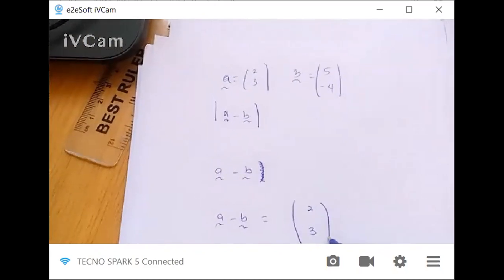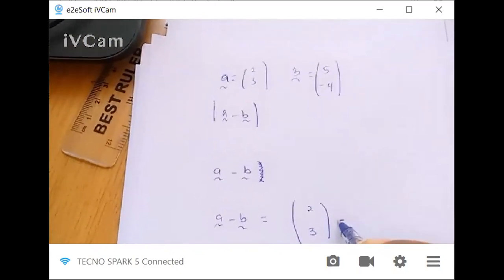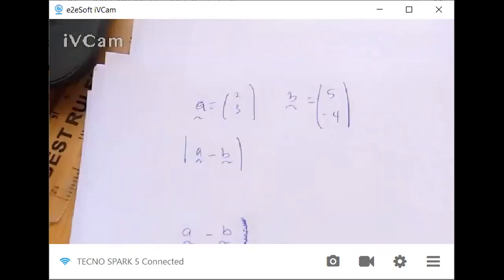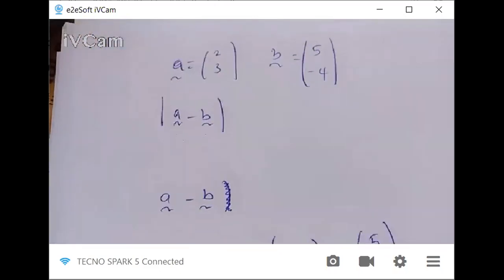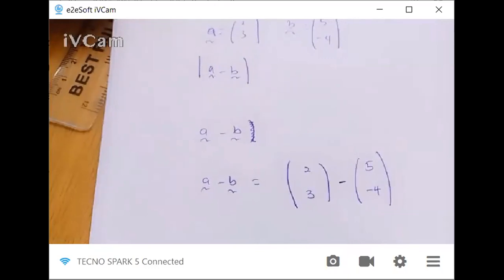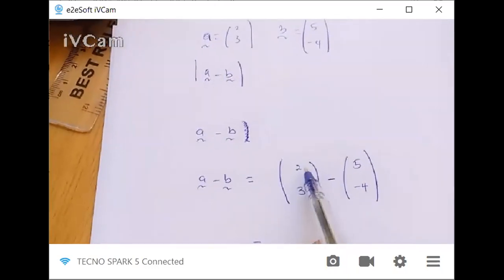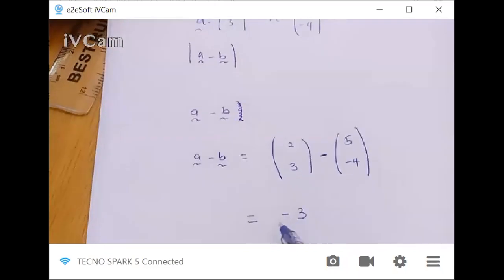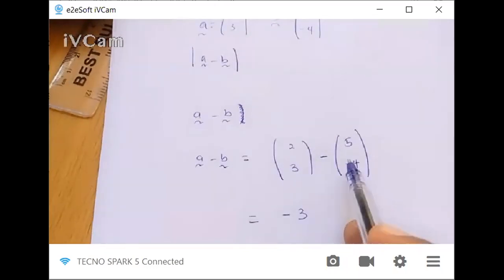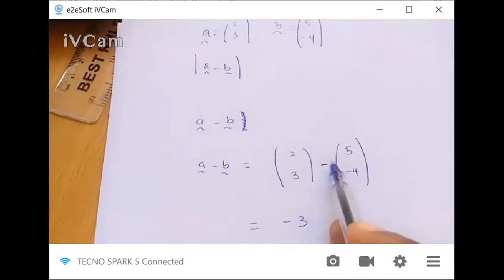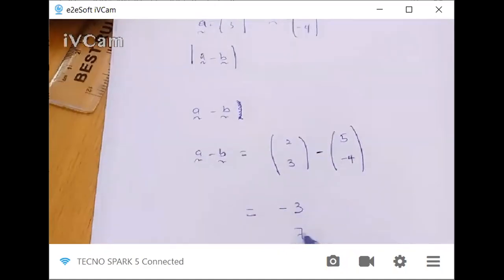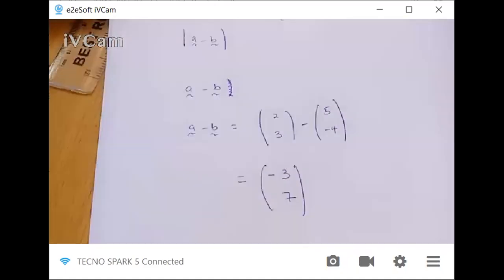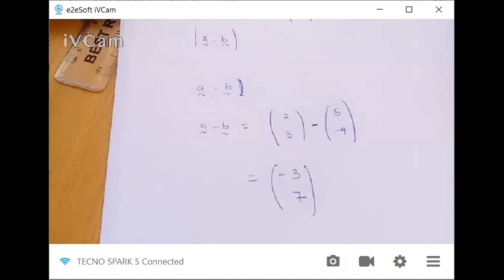Then minus B. B is (5, -4). So when we subtract, we have 2 minus 5 is -3. Then 3 minus -4. So it's a positive now. So 3 plus 4 is 7.